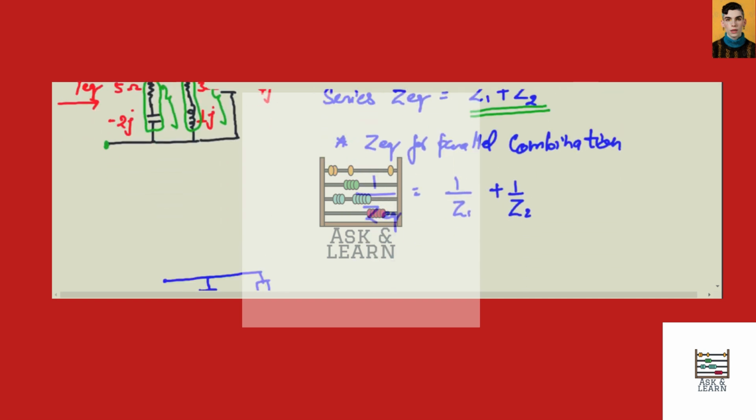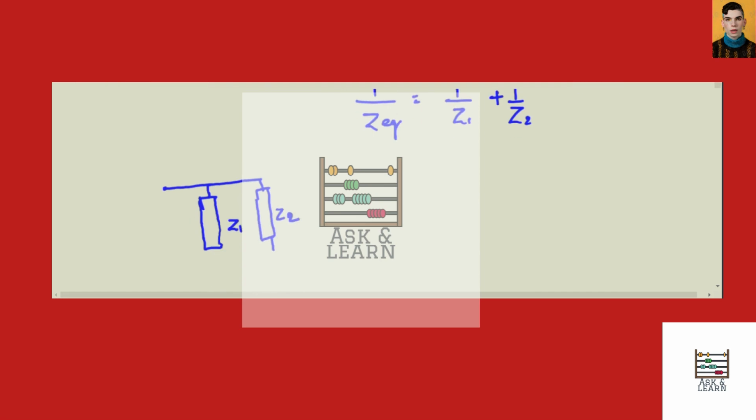Another one is minus 4J, which is still remaining. This is the minus 4J capacitance.